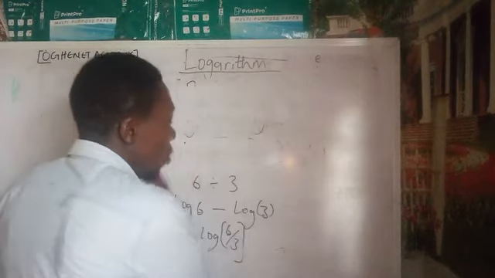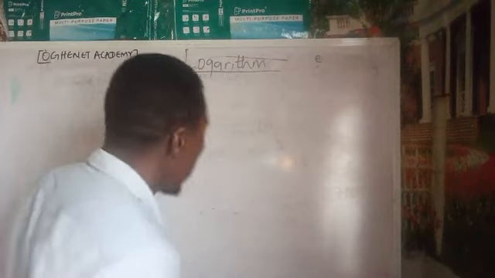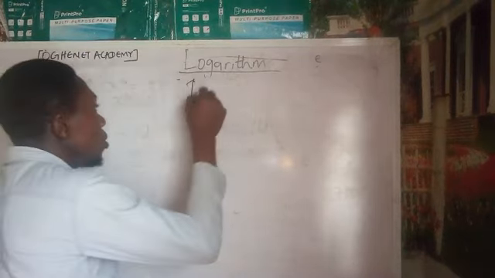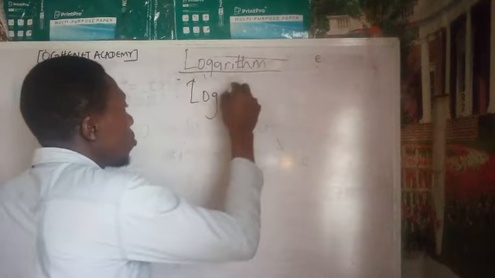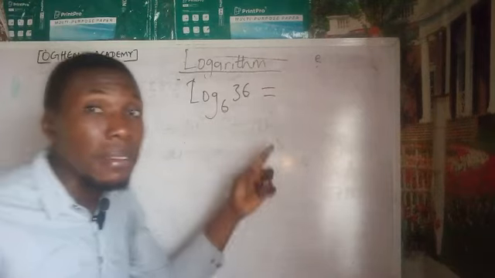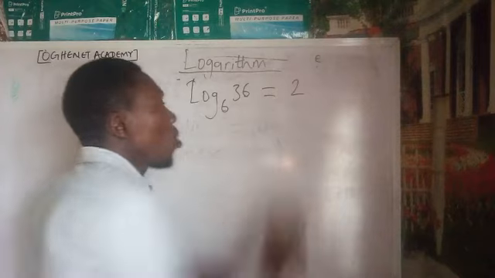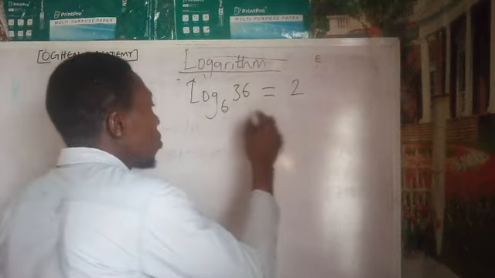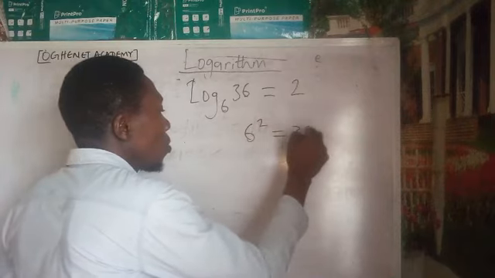Okay, so meaning that you can have something like log 6 of 36, and you can guess the answer. Okay, the answer will actually be 2. Why? Because 6 raised to the power of 2 will give you what? 36.